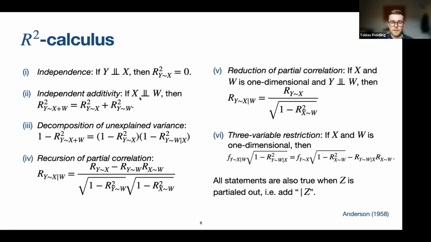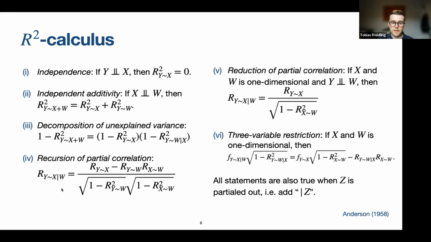saying that if some covariates X and W are independent, then the joint R square value is equal to the sum of the individual R square values. This is a very intuitive rule. Or for example, we have the recursive definition of partial correlation, which is also fairly widely known in the literature.